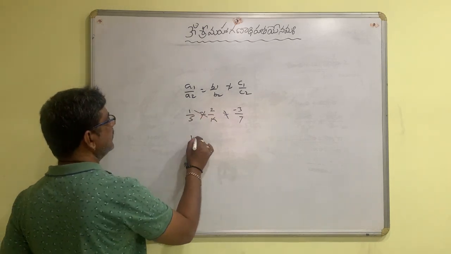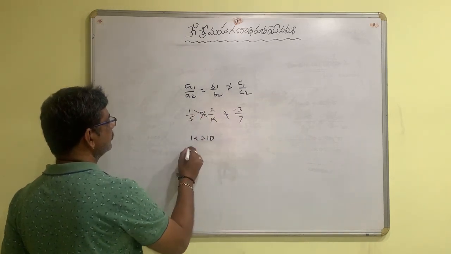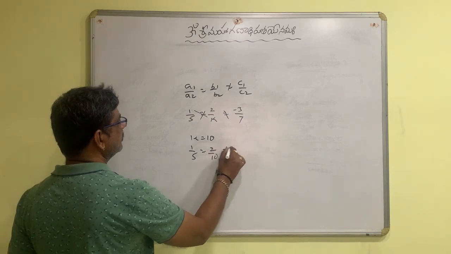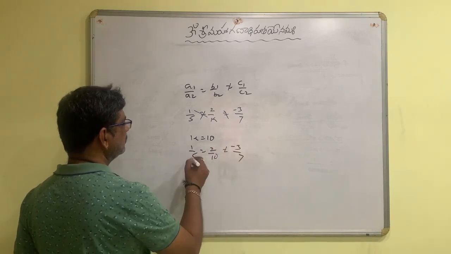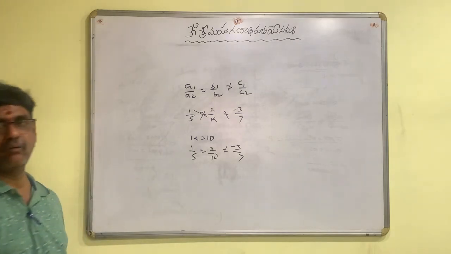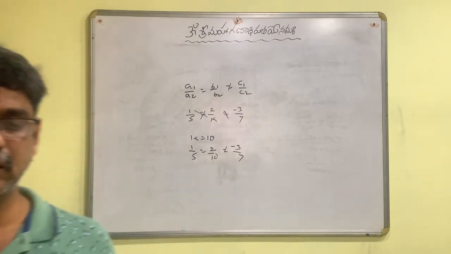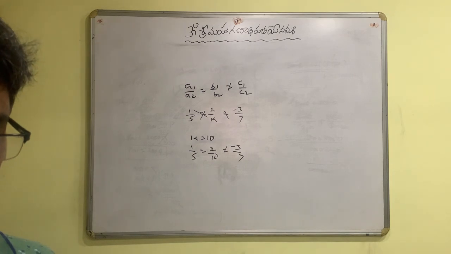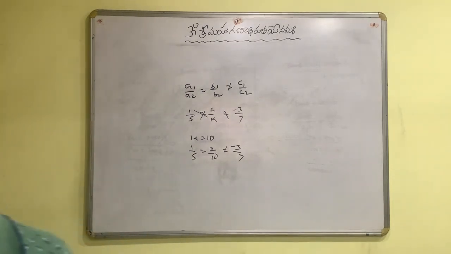So 1 by 5, 2 by 10, minus 3 by 7. So 1 by 5 is not equal to minus 3 by 7. K value 10 is correct. Next question.